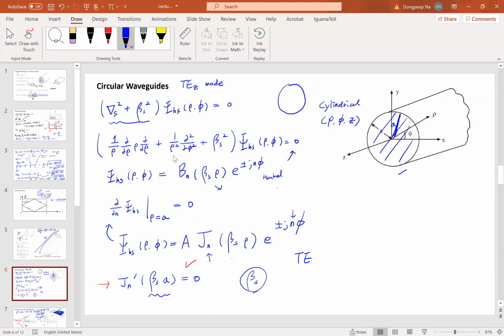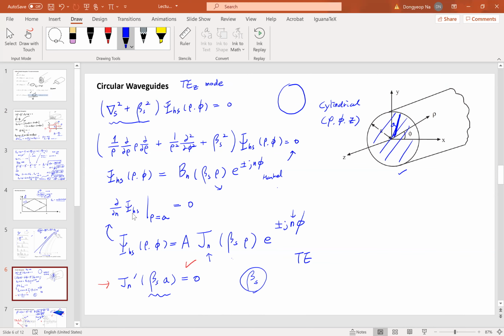And the other case that we have discussed was circular waveguide. We transformed this transverse Helmholtz equation to that in the cylindrical coordinate system. In that case, the general solution was the Bessel function, okay?